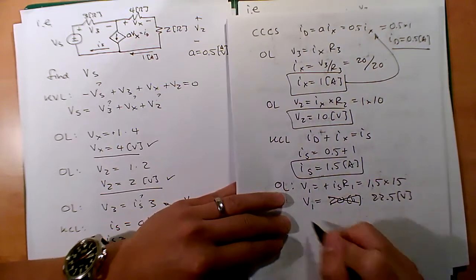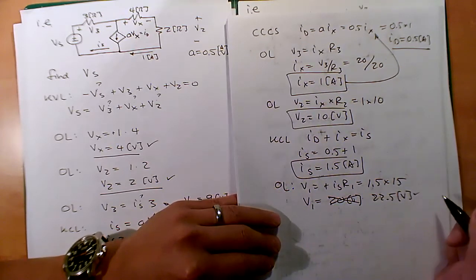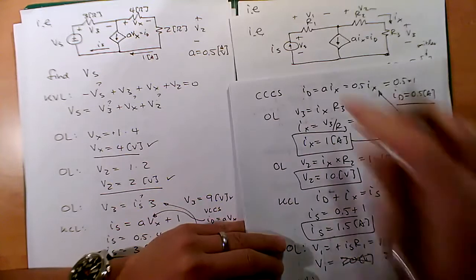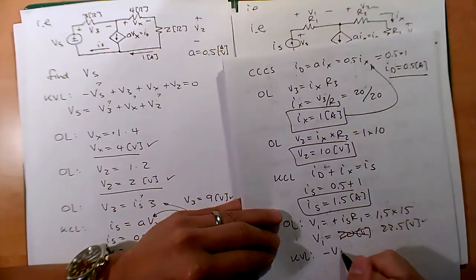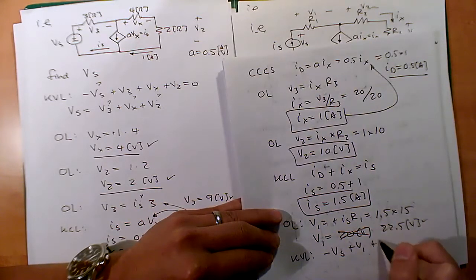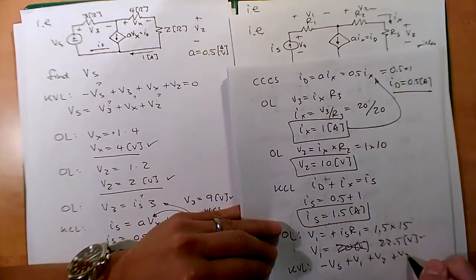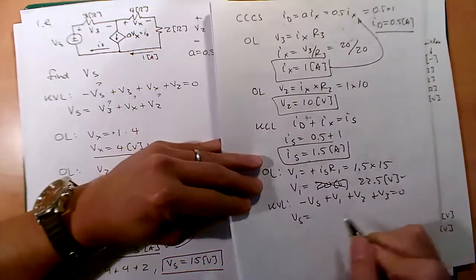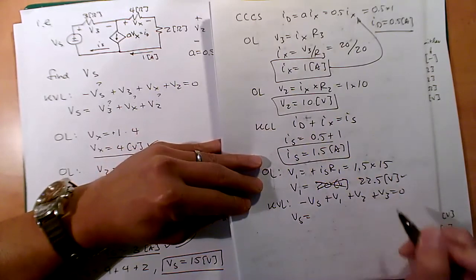Right? Okay. So then we have this one here, and then let's see, KVL is going to give us the final voltage here. So minus Vs plus V1 plus V2 plus V3 is equal to 0. So Vs is going to be the sum of all these guys, V1, V2, V3.